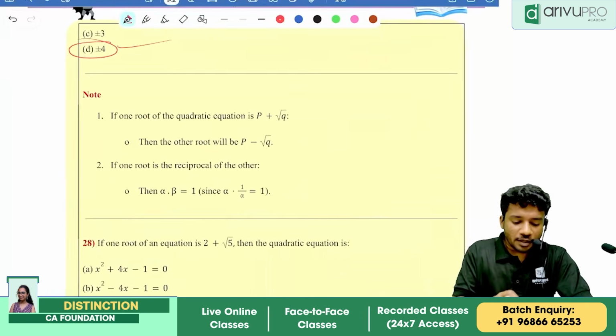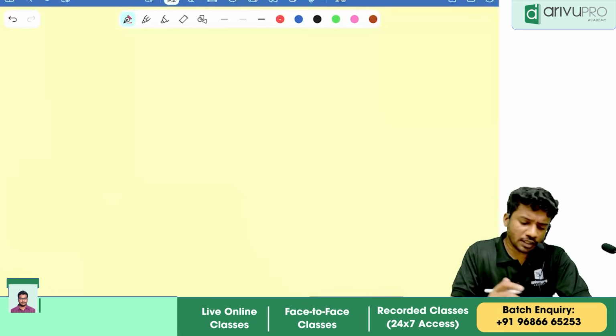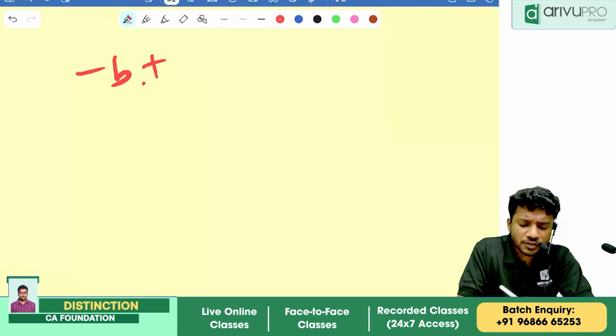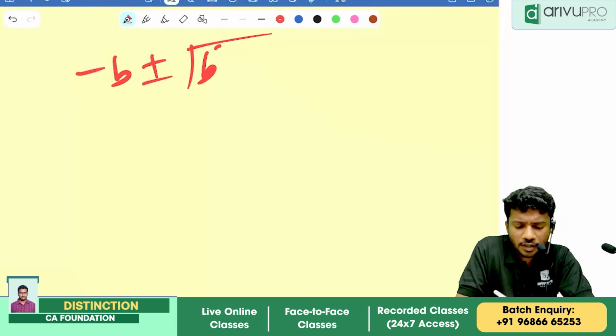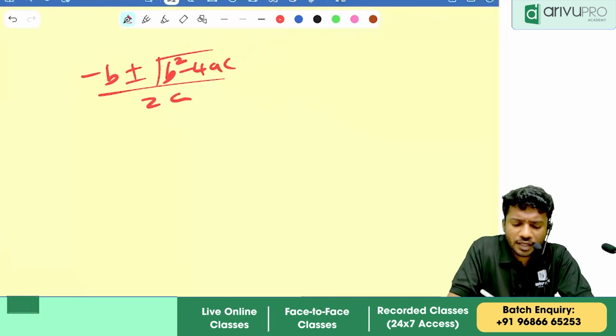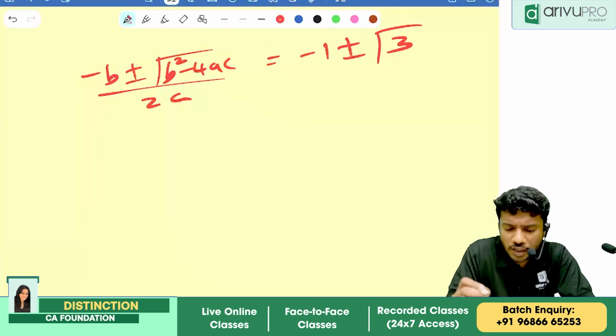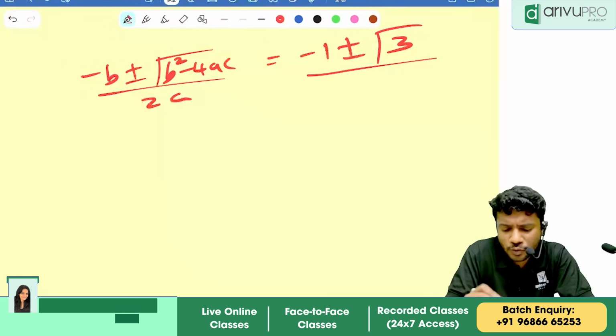Now, I'm going to teach some shortcuts. When I say minus b plus or minus root of b square minus 4ac divided by 2a, for example, the value is like this: minus b, let it be minus 1 plus or minus root 3, then divided by 2, let the 2 cancel off.